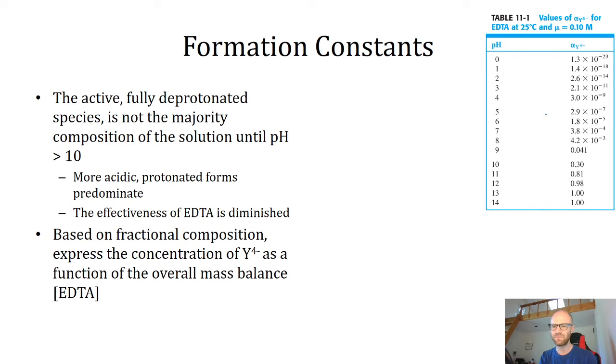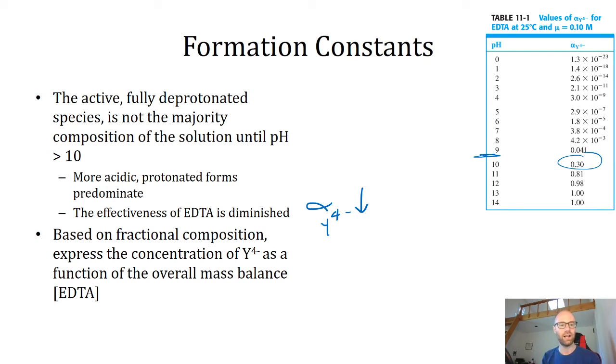The thing I want to point out here is that until you hit about a pH of 10, and even at a pH of 10, the Y4 minus is only 30% of your solution. This means that if all else was equal, the higher the pH, the more effective EDTA is, because the fraction that is in the fully deprotonated form is high.